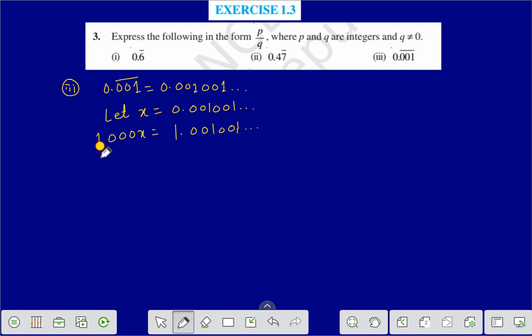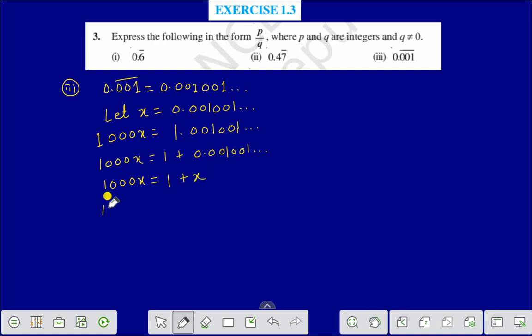Now we can write 1000x is equal to 1 plus 0.001 dot dot dot, and this value is x. Therefore 1000x is equal to 1 plus x.